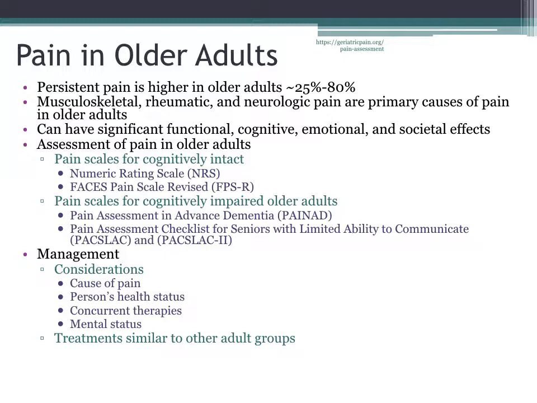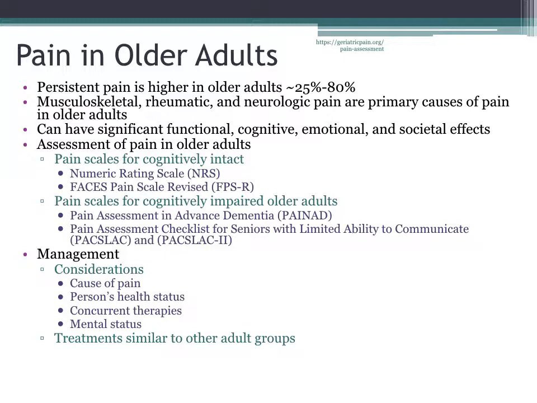As far as management, some of the considerations that we need to look at are, what is their cause of pain? Have they been injured, or is this a chronic pain issue for them? What is their health status? Because if they are having kidney problems or liver dysfunction, we're going to have to look at the doses of medication that we're giving them, and they may need to be either increased or decreased depending on the way those drugs are excreted.